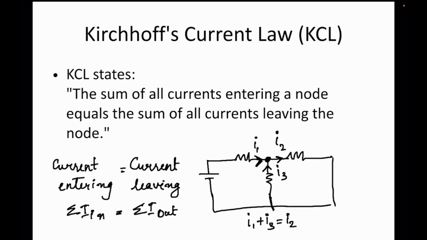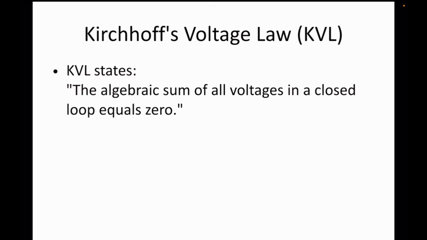Next, we can see Kirchhoff's voltage law. Kirchhoff's voltage law states that the algebraic sum of voltages in a closed loop is equal to zero. Okay, in a closed loop, the algebraic sum of all the voltages is equal to zero.